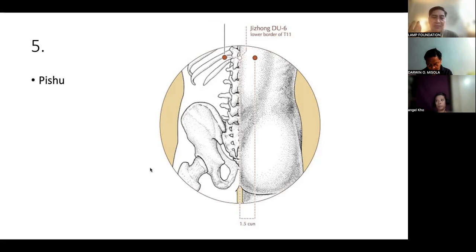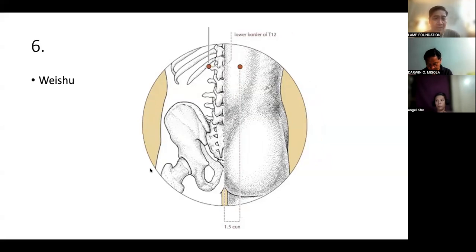Di ba kanina bladder 15 for the heart, then we took up bladder 18, then bladder 19 for the gallbladder, meron din si bladder 20 for the spleen. Okay? Yung mga diabetic, yung mga parating sumasakit yung shoulder because of dampness, because they love cold food, or if they live in Baguio, there's too much dampness, too much cold there, use bladder 20. Okay, bladder 20, Wei-shu.